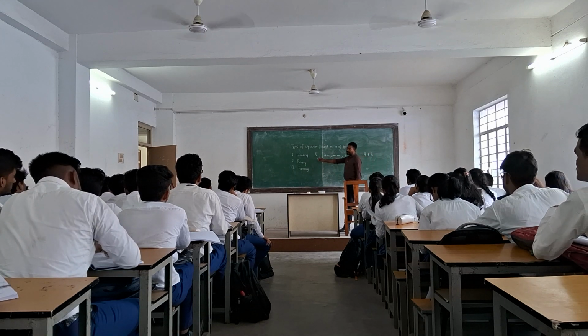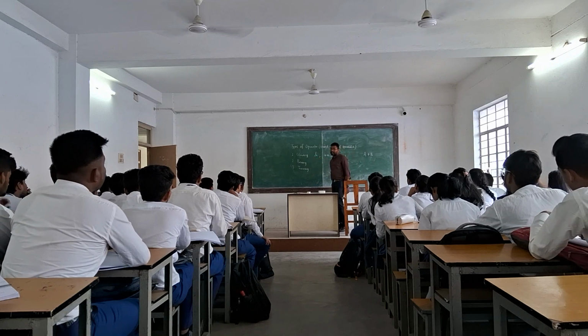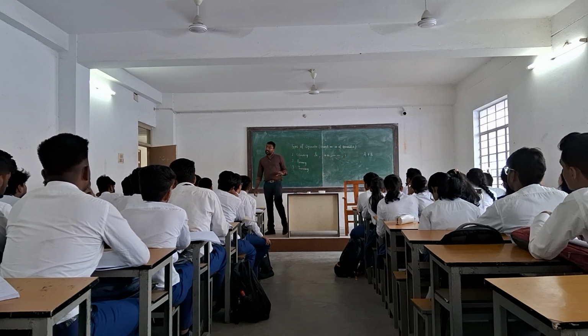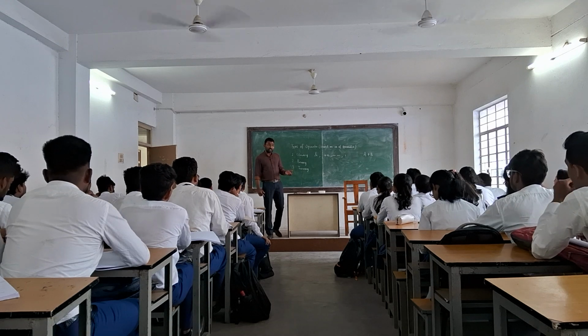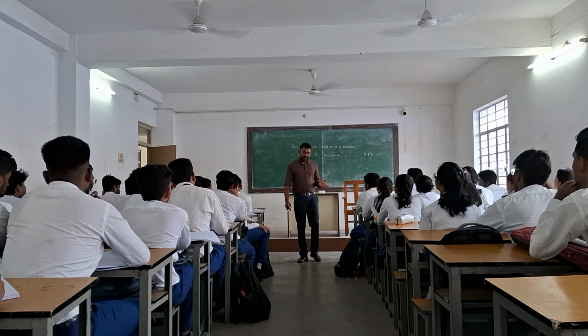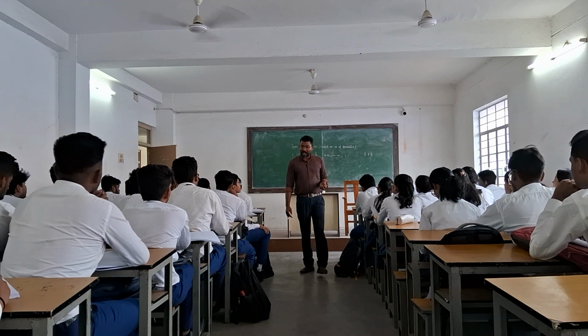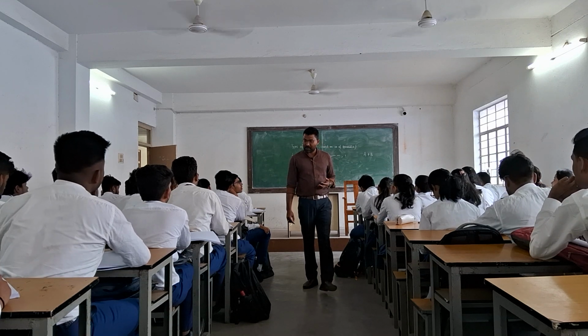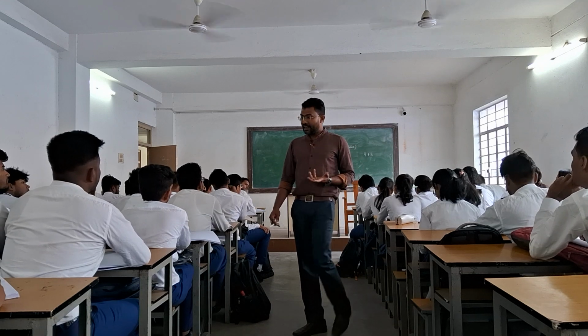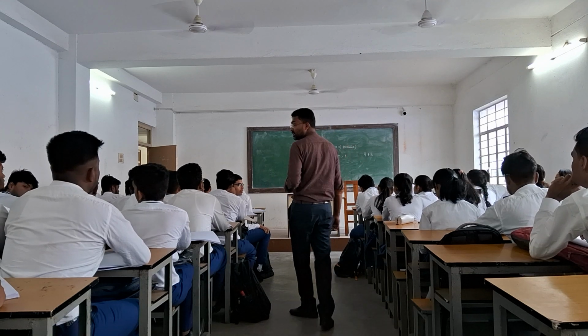How many operands are there when we use the address of operator? One. That means these are the set of unary operators. Means here the number of operands is 1, when I am writing num1 plus plus, num1 minus minus, address of num.